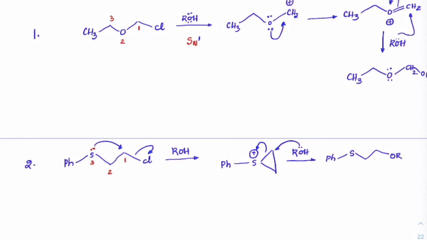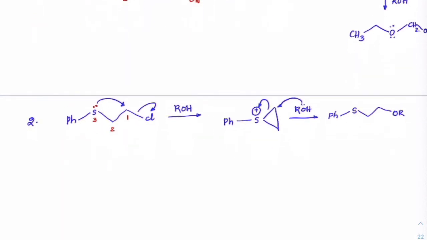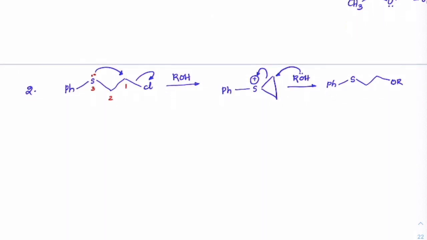This will be the final product. So here it is done by NGP, or I'll write this as SN-NGP, and here it is only SN2. So this is a previous JEE question.